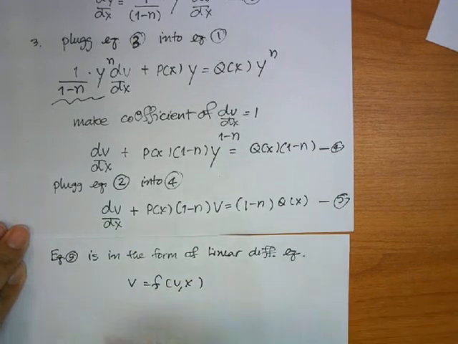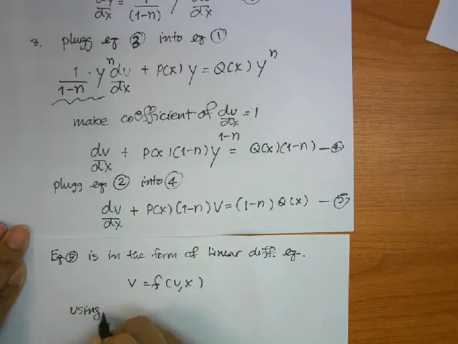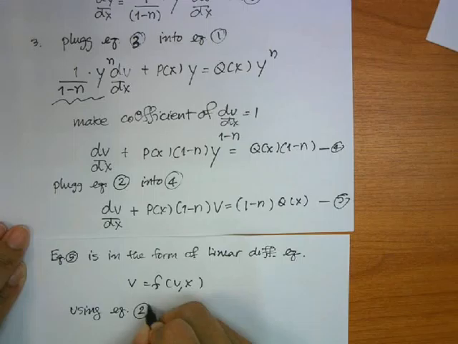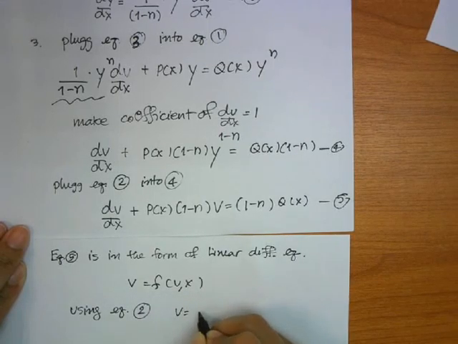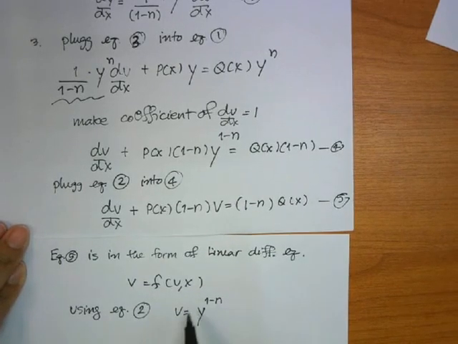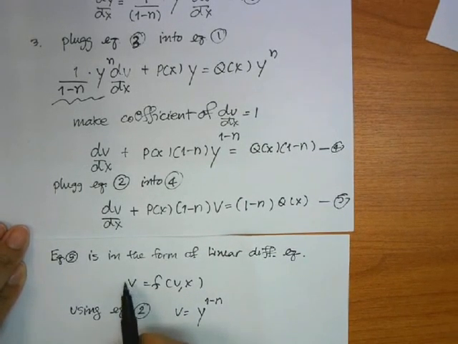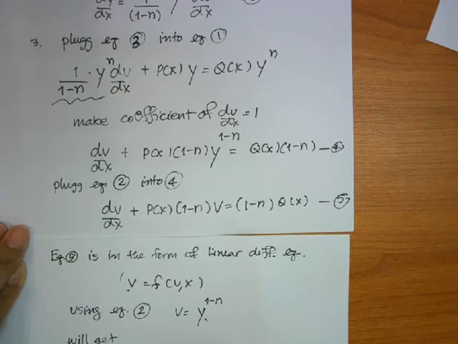And then using equation 2, which is v is equal to y to the 1 minus n, change the v in your solution back into y. You would get y as a function of x, and that would be the answer.